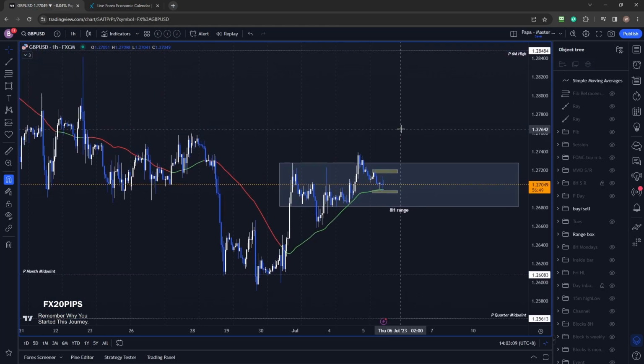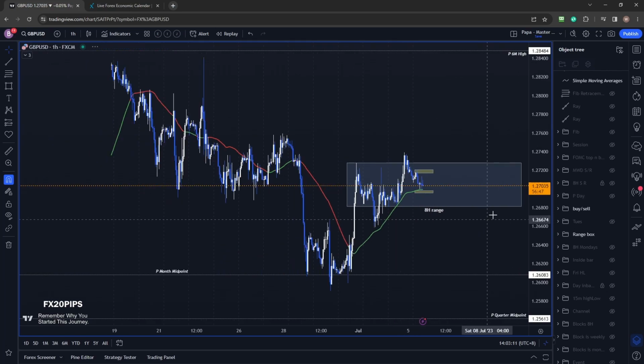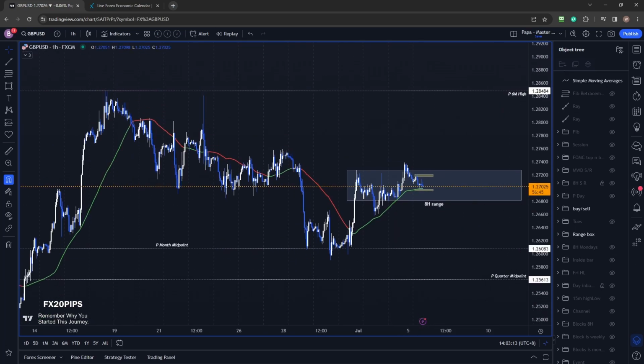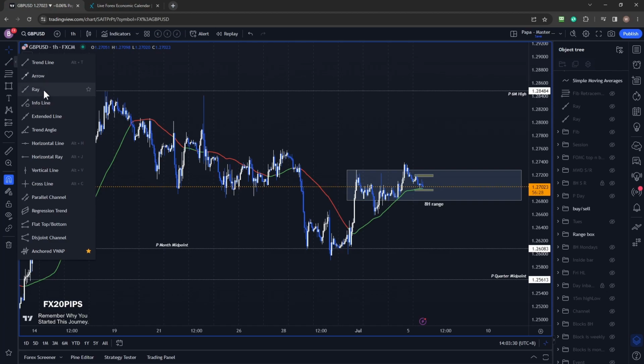Remember earlier I talked about a possible P wave, as in the highs getting lower and the lows getting higher. So let's try to draw something to this effect. Let's get trend lines again.